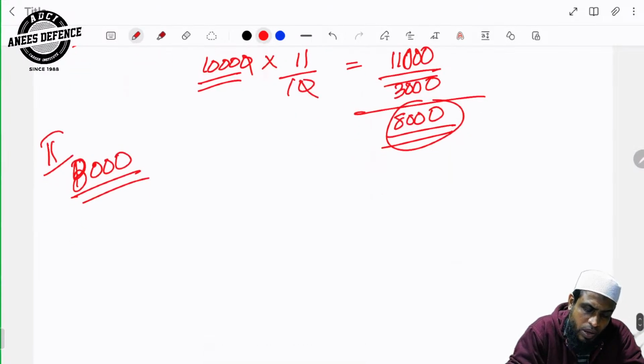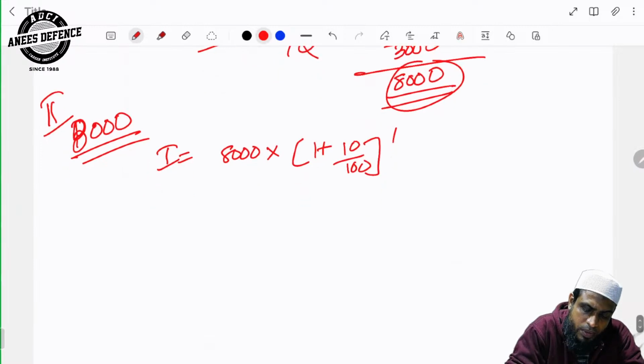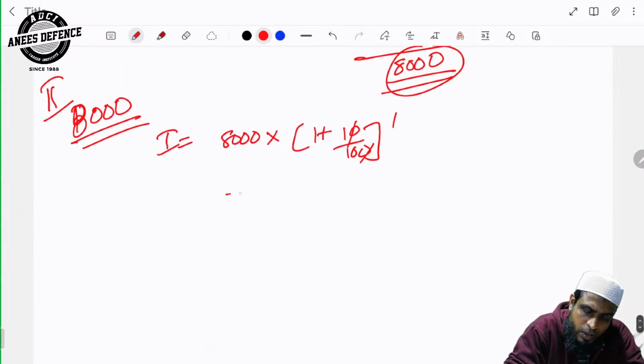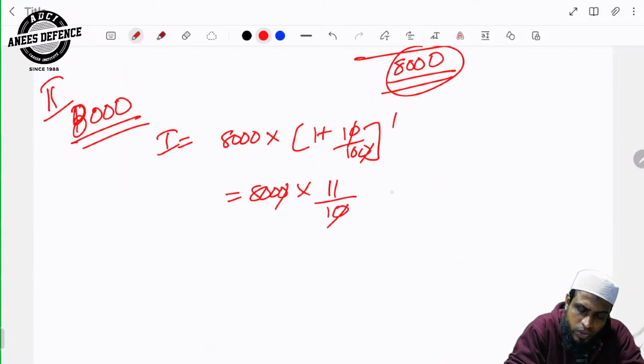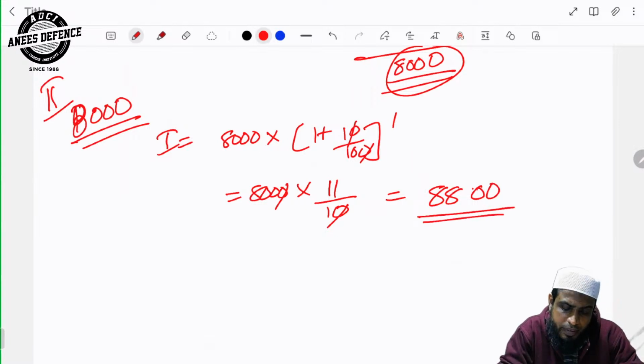So after completing the second year, how much should he pay with interest? 8,000 into 1 plus 10 by 100 raised to 1. So this will be again 8,000 into 11 by 10, which is 800 into 11, 8,800.